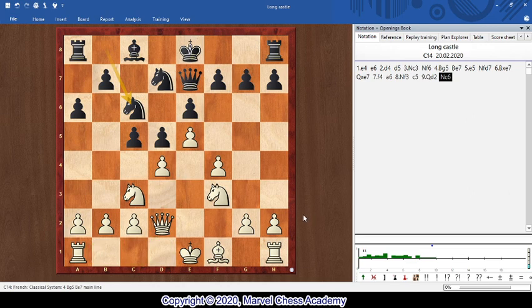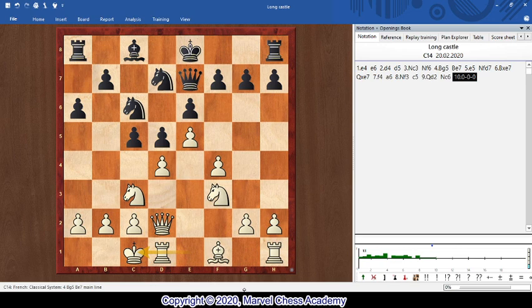So now we can do long castle because there are 3 squares. The king moves 2 squares left, d1 and c1, and the rook comes beside the king to d1. This is called long castle. If you do the castling king side, it is called short castle. If you do the castling queen side, it is called long castle.